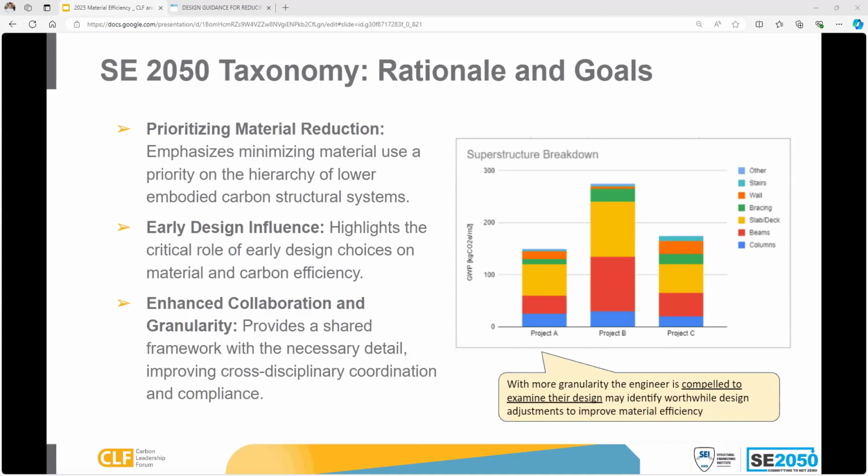Other things we want to do is simply by forcing us to produce this information of material quantities by structural component. In theory, a structural engineer may be more compelled to examine their design because it's omnipresent, it's in front of them, and they may identify worthwhile adjustments that could be done using some of the things that Fraser talked about.